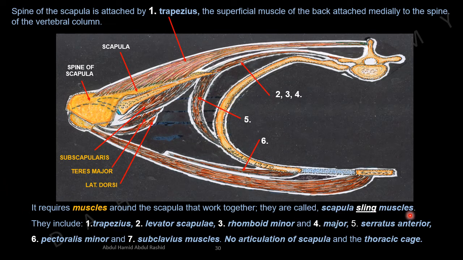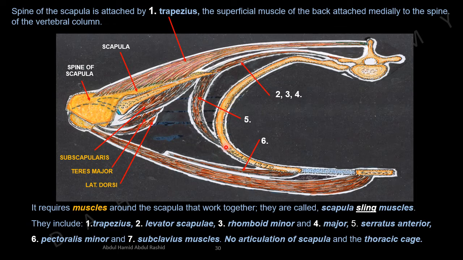The scapular sling muscles include number 1, trapezius muscle. Number 2, 3, and 4 are deep muscles of the back. They are levator scapulae, rhomboid minor and rhomboid major. Number 5, serratus anterior, which is attached to the anterior surface of the medial margin of the scapula, anteriorly attached to the side of the thoracic cage.